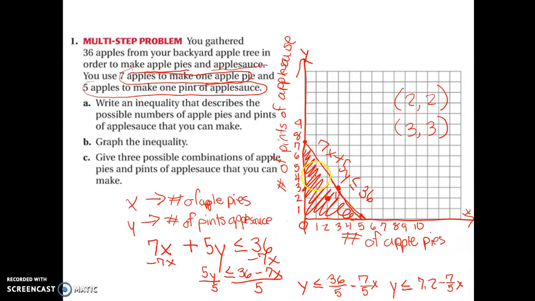So if you think about just using this one, this is 1 apple pie, and then you have 4 pints, and you can check it. 7 times 1 is 7, and then we would add 20, so that's 27. That's only 27 apples. When you write in these combinations, you can write them as coordinate points as long as you tell me what the x and the y equal. And that's it for this problem.